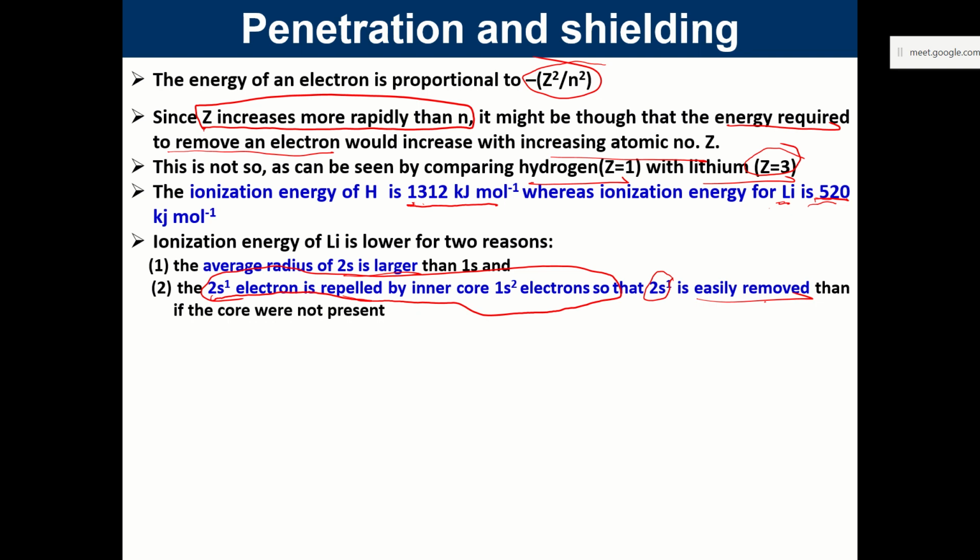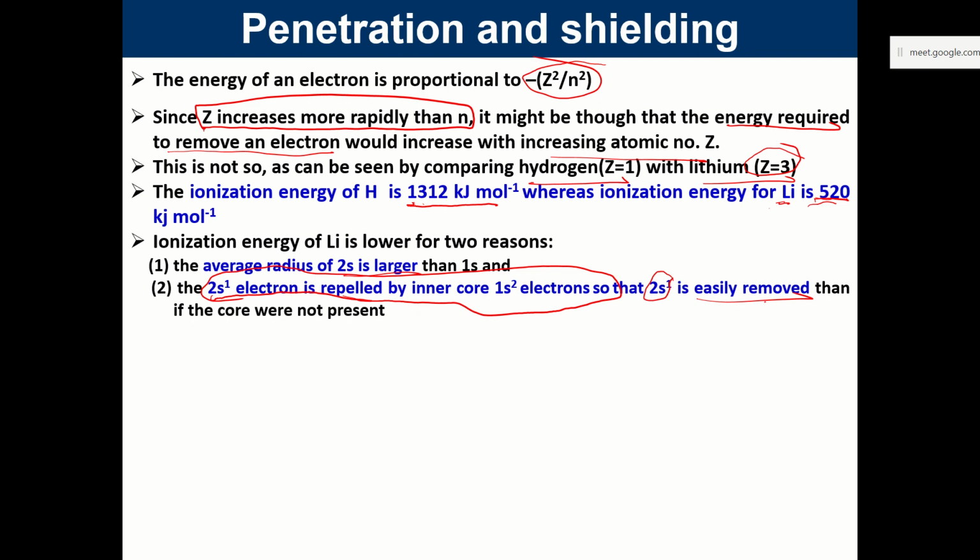You understand? If the 2 electrons were not present in the 1s orbital, and you were simply giving a hydrogen-like orbital treatment, you would find that the third electron, attracted by 3 protons, would require much higher energy, much higher than hydrogen.